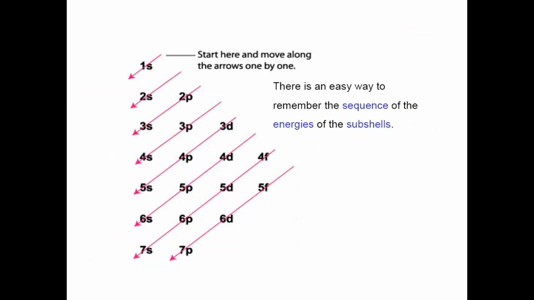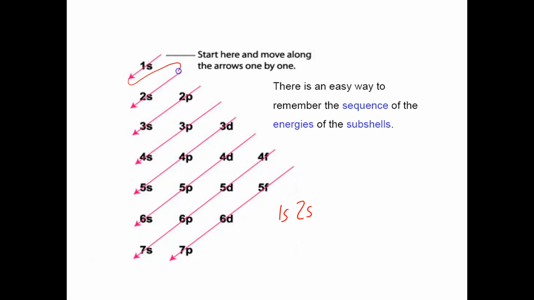So how do we remember the correct order of subshell filling? Well, what we're going to use is what's called the Aufbau diagram. So we write 1s down to 7s in our first column, 2p down to 7p in our second column, 3d down to 6d in our third column, and then 4f down to 5f in our fourth column. And then we draw these diagonal arrows in, and this gives us the order of the subshell. So it goes 1s, 2s.